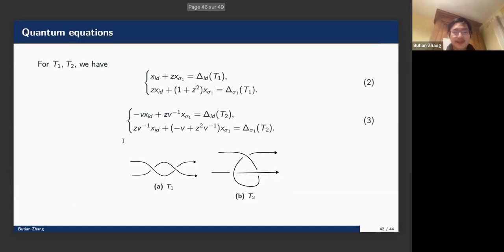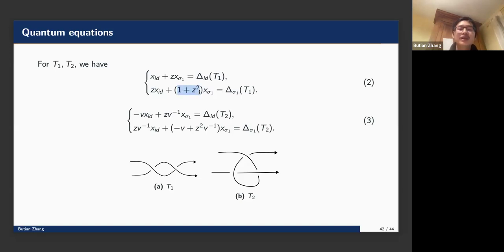For two specific tangles, T1, T2 here, our matrix AT actually looks like this. For example, for T1, we will obtain this. So our matrix AT equals 1, Z, 1 plus Z squared.